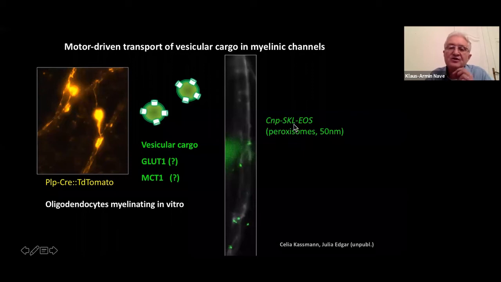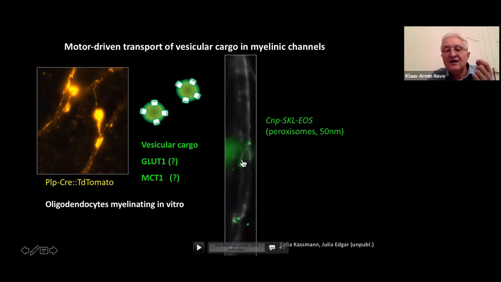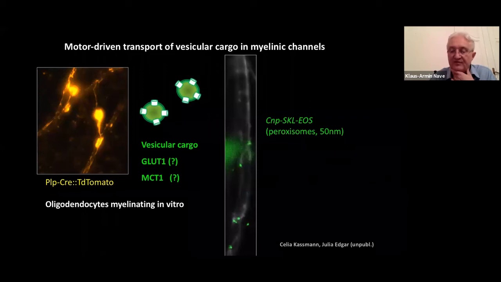When we take oligodendrocytes from these transgenic mice and put them into culture, they make myelin on cultured neurons. And now we can see the cytoplasmic compartment because it's from an oligodendrocyte that additionally expresses a fluorescent marker in the cytosol. But then you see puncta, and these puncta here are single fluorescent peroxisomes inside the cytosolic channel system. We think they represent something like a cargo that could also contain MCTs for the transport of metabolites.